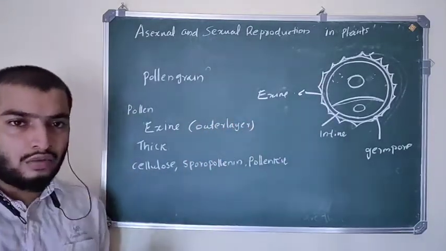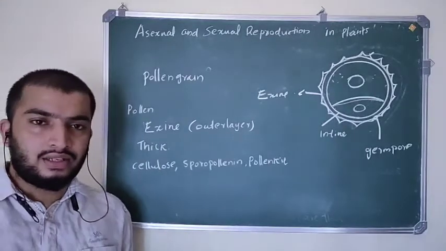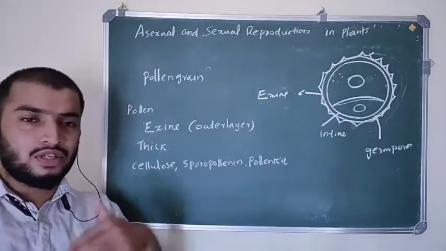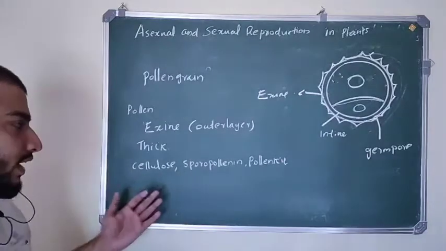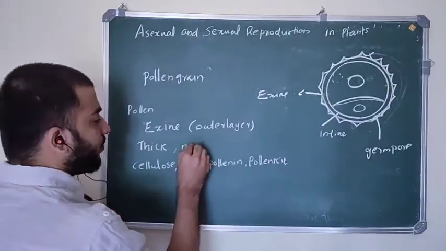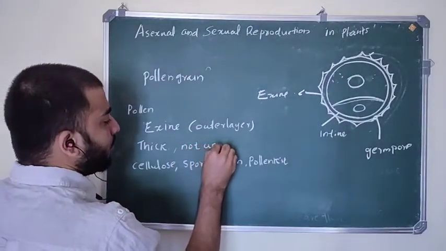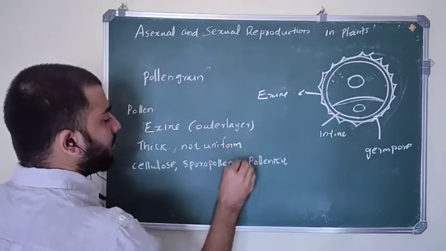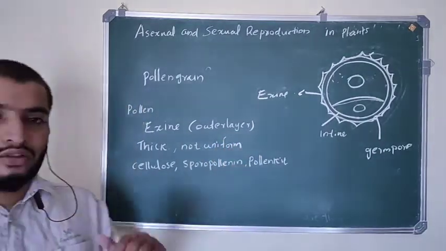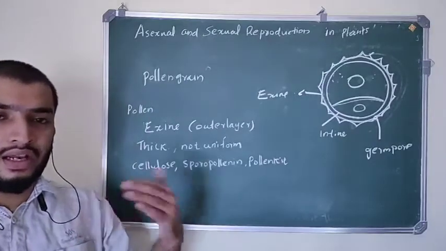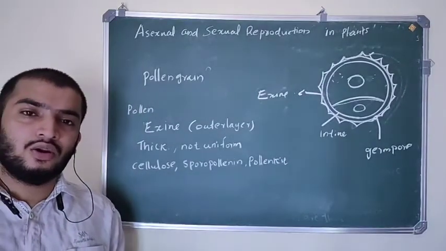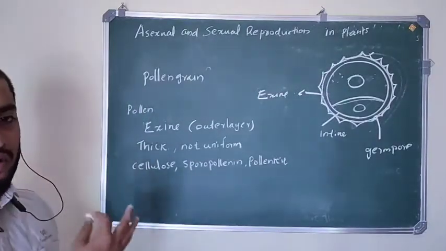So you already know the difference between intine and exine. The intine is a thin layer and is uniform in structure, made up of hemicellulose, cellulose, callose and pectin.